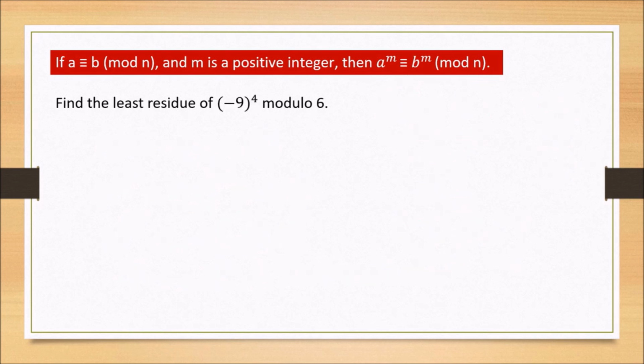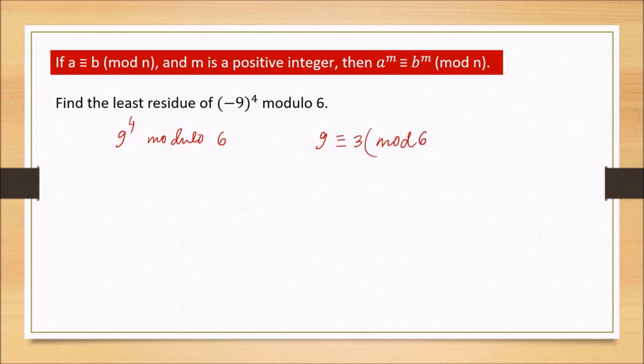Another example, find the least residue of negative 9 raised to the power 4 modulo 6. So negative 9 raised to the power 4 has the same meaning as 9 raised to the 4 modulo 6. Now let us take first 9. 9 is congruent to 3 modulo 6.